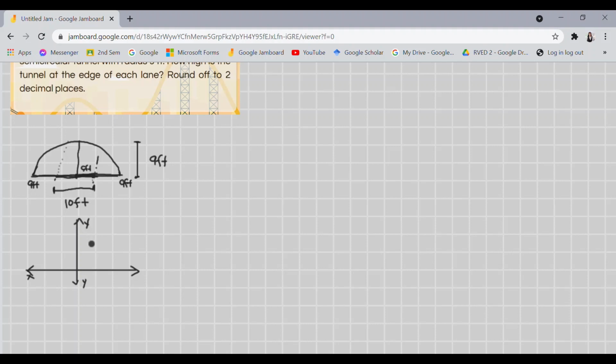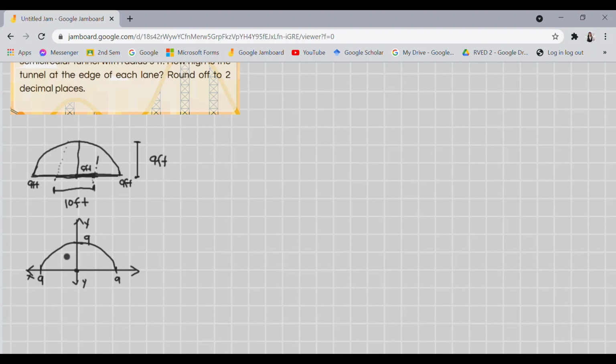So, let's say your semicircle goes through that. The center is at 0, 0. And then this is 9. This is 9. Okay? And then this is also 9, since we are following the ratio. So, from the center to any point in the circle, those are 9 feet. So, the height is 9 feet at the center.